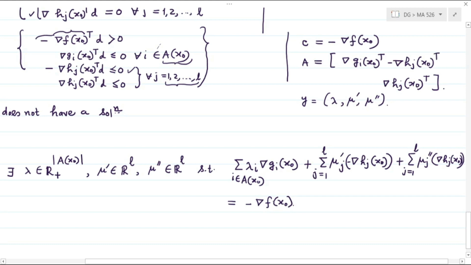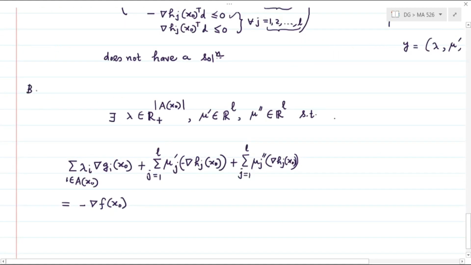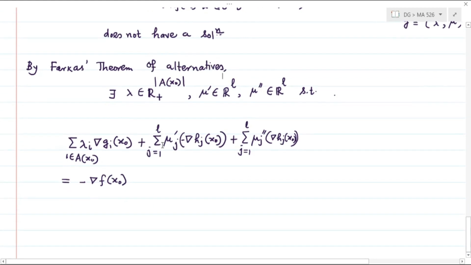This is what is happening by the Farkas lemma. By Farkas lemma, theorem of alternatives, there exists this such that this is fine.